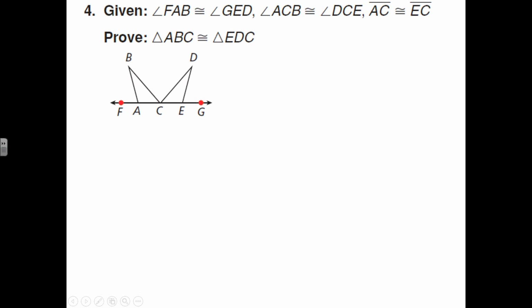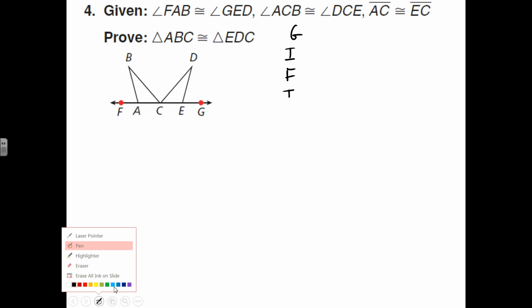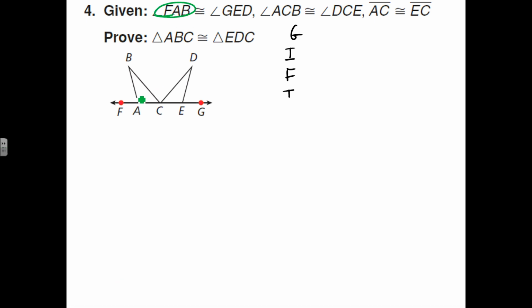Now for the big stuff. I'm going to walk you through this first. No naked diagram. Given, implied, these, talk it through. Given, FAB is congruent to ED.